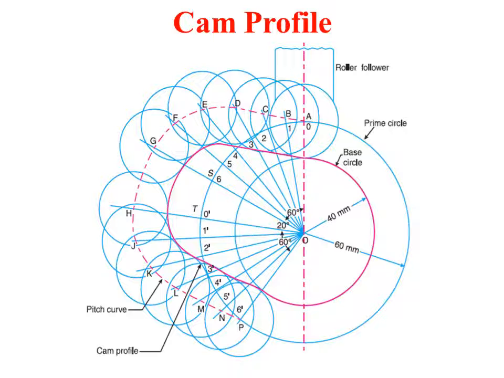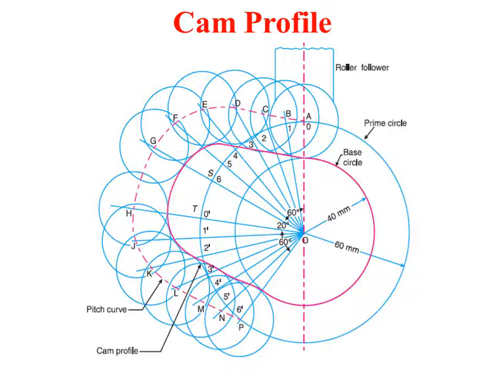Now mark these points as 1, 2, 3, 4, 5, 6, and O dash, 1 dash, 2 dash, and so on. And from point O, draw the lines to join these points. Make sure that the lines go beyond the prime circle.